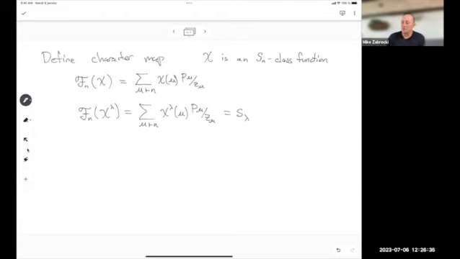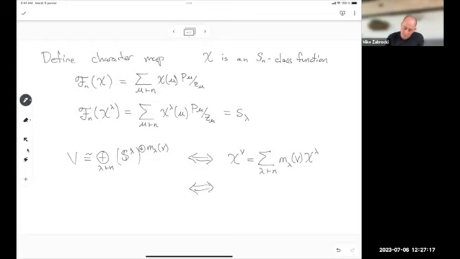So now we can extend the theorem that I stated earlier and say that a module V is isomorphic to a direct sum of irreducible modules if and only if the character of V is equal to the sum over lambda partitions of n, m lambda of V, of the irreducible characters.